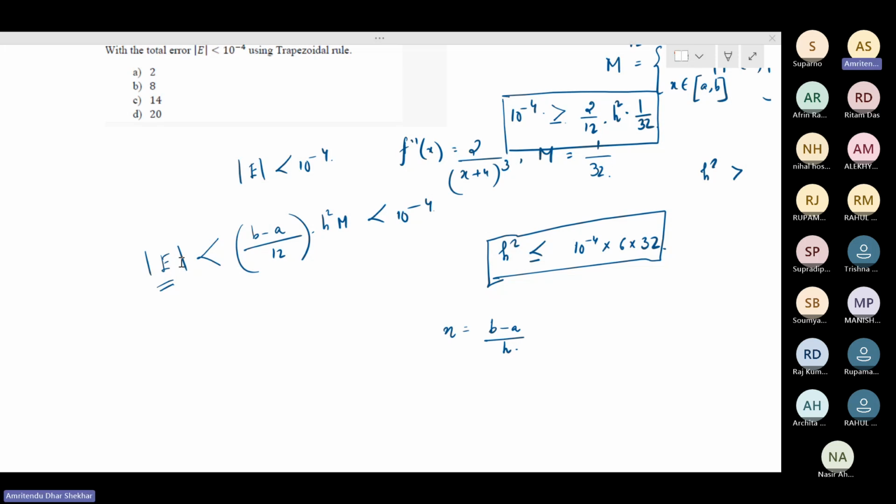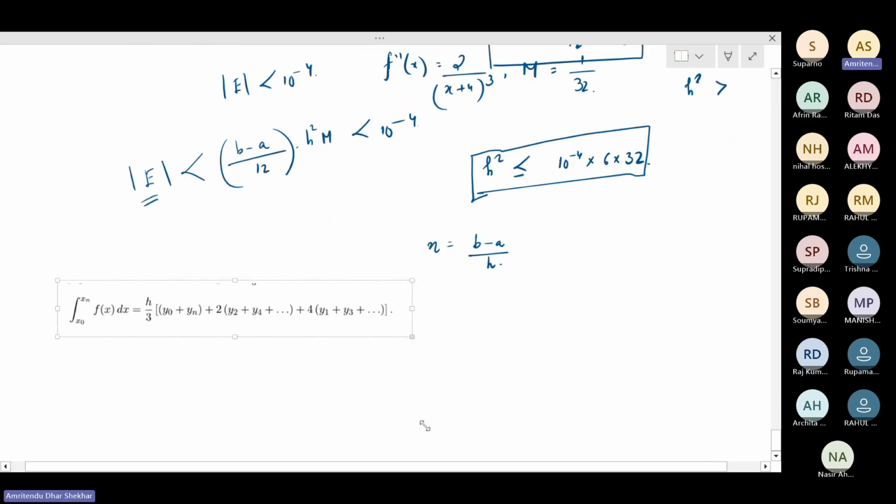I'm just going to write it down over here. I'm not going to go into the proof of how we get this. So this is called the Simpson's 1/3 rule.